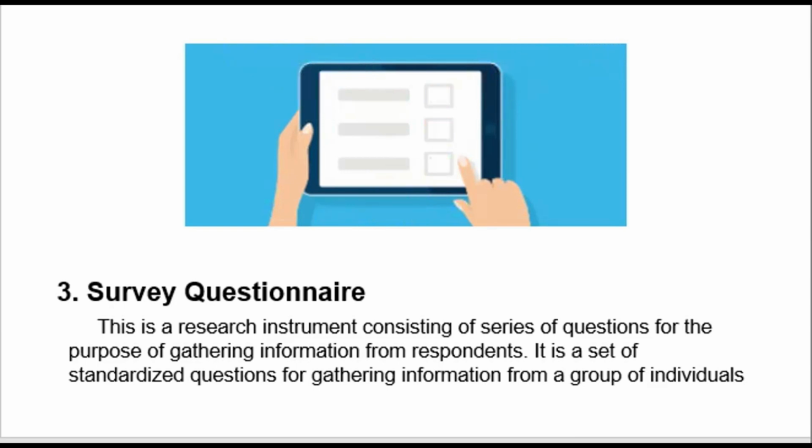In the question part, we can use open-ended questions that have a scale. We can use a Likert scale in that particular example. It depends on the study, but usually a survey questionnaire is used in quantitative research.